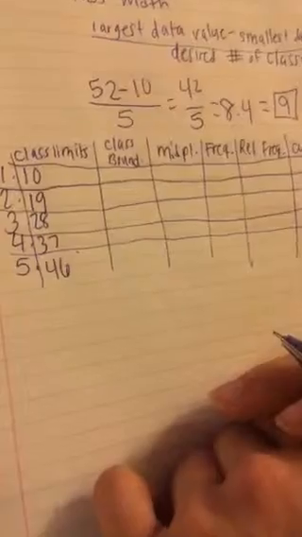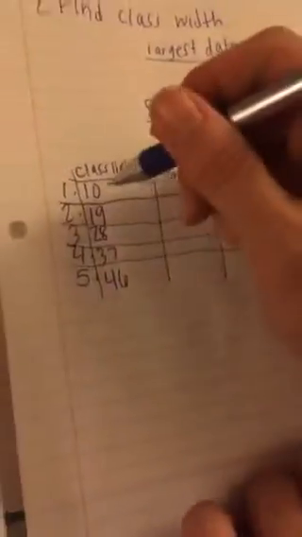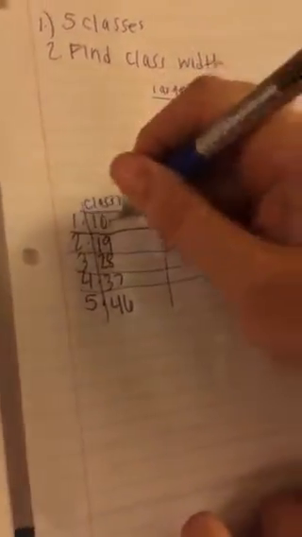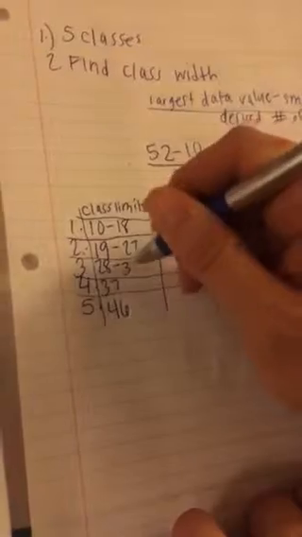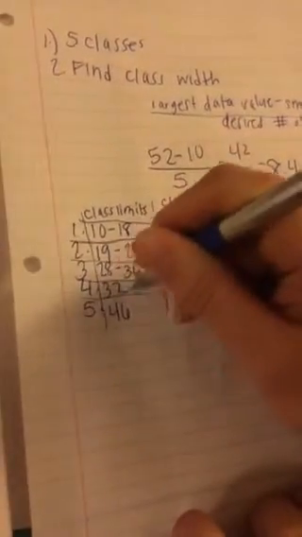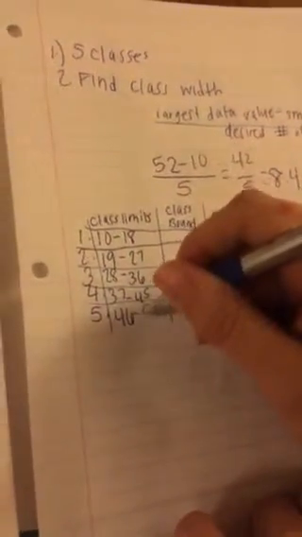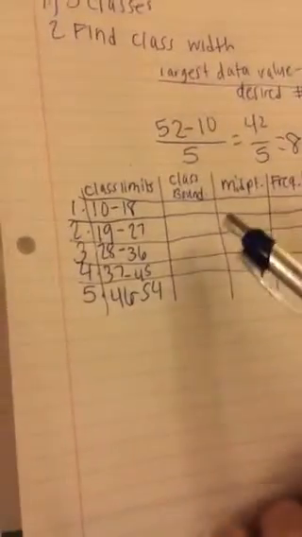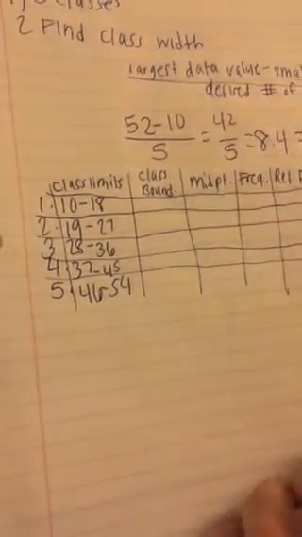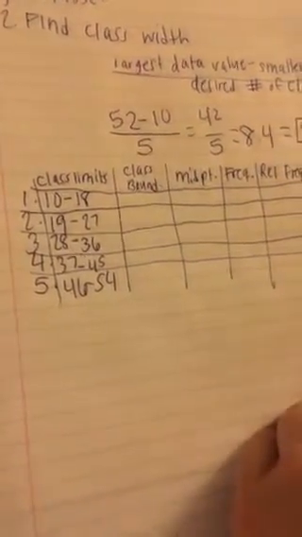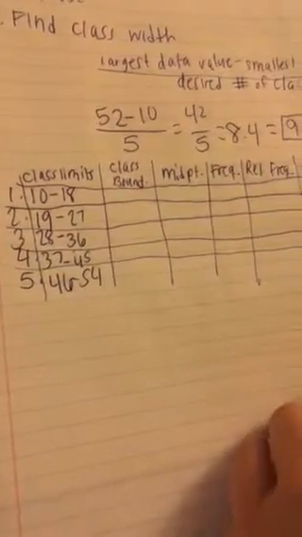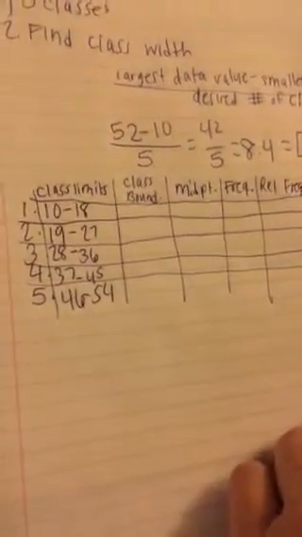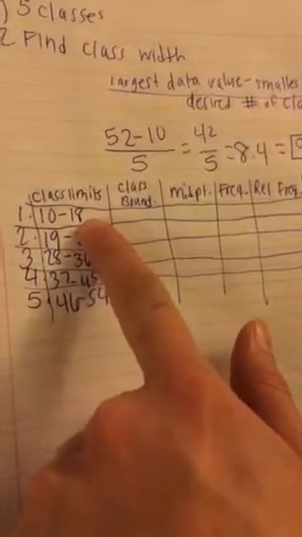And then to fill in the upper class limits, you just do it according to these. Like this is 19, so you'd go up to 18, then up to 27, then up to 36, then up to 45, then up to 54. Now you want to go ahead and do your class boundaries. To find the upper class boundary, you add 0.5 to the upper class limit.